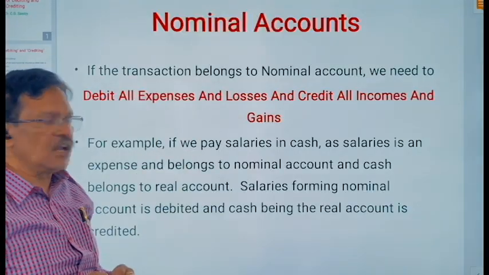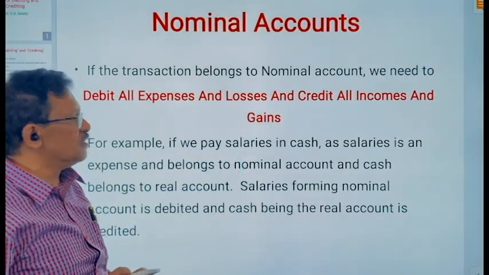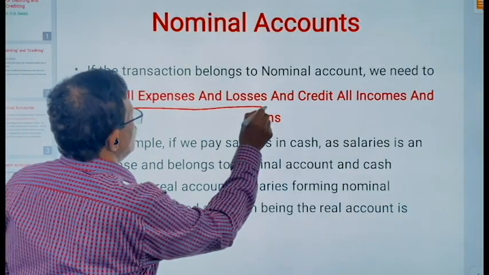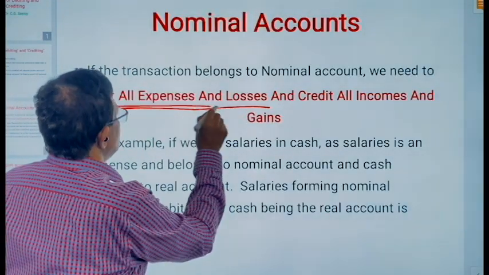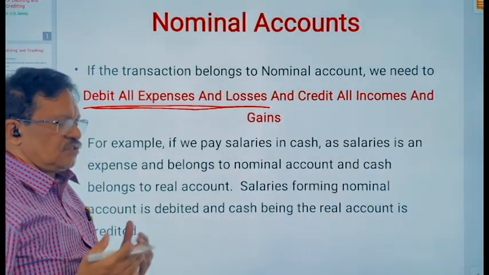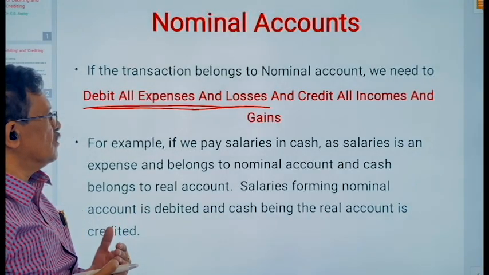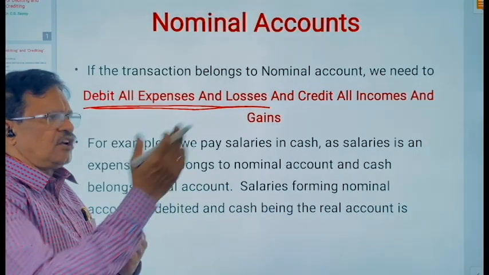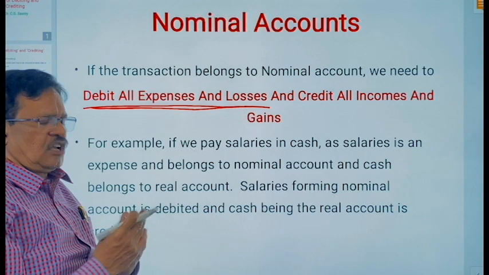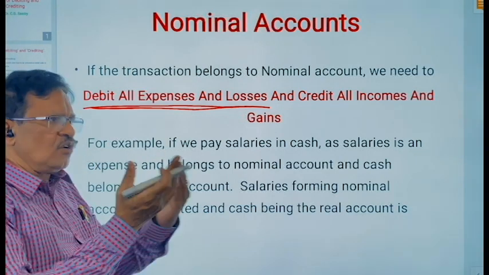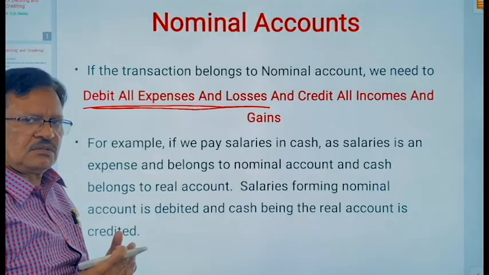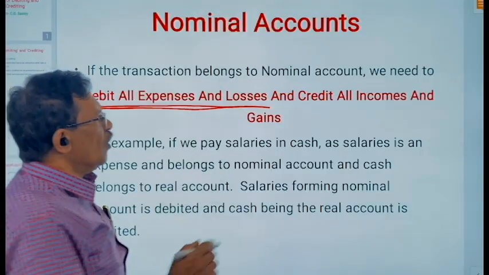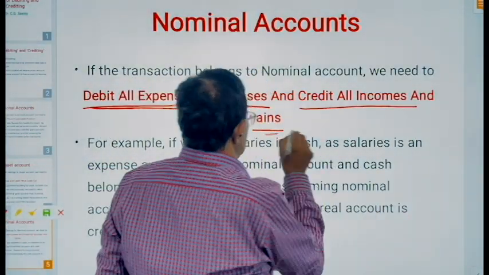Whenever there is an expenditure like wages, salaries, or a loss relating to the goods because of fire or something, then we are going to debit that as a loss. So we debit the expenses and the losses and credit all incomes and the gains.